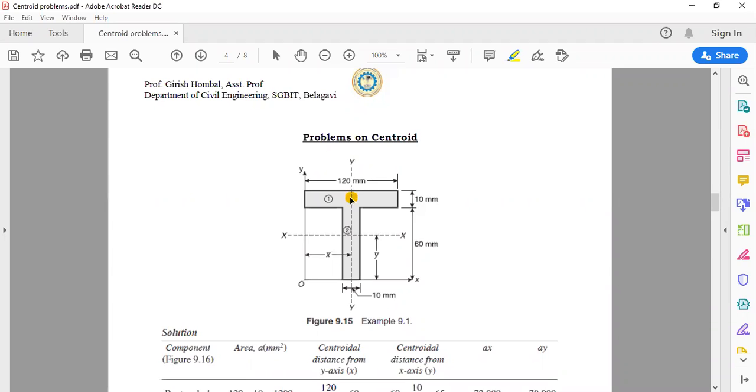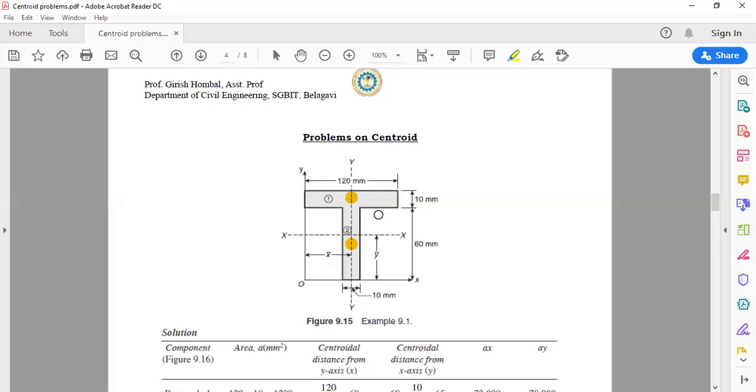For the second rectangle, the centroid lies somewhere at this point. So these are the individual centroids of rectangles 1 and 2. Now, let us concentrate on the first rectangle.